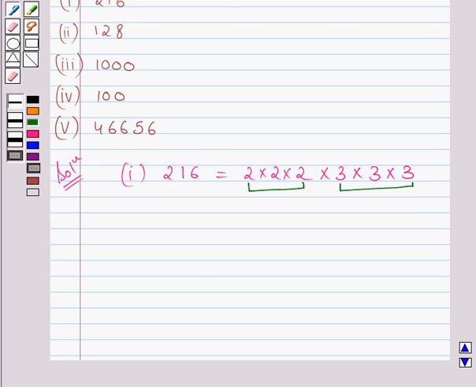Now from key idea we know in the prime factorization of any number, if each factor appears 3 times, then the number is a perfect cube. So 216 is a perfect cube.